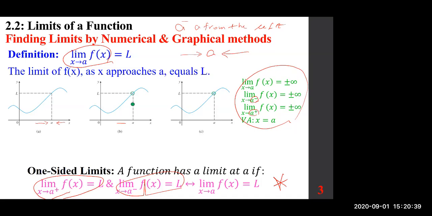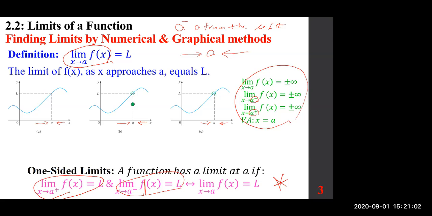That's the concept of left side, arrow on the left of a, everybody, from the left, from the right. Now, as far as the limit is concerned, we are interested in finding values that get close to a, but not at a.